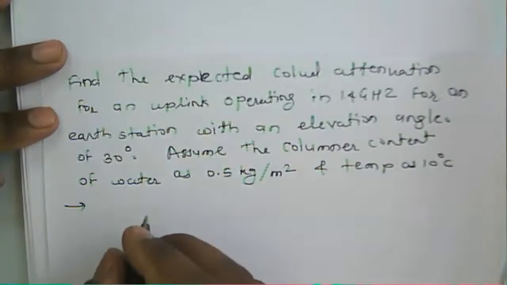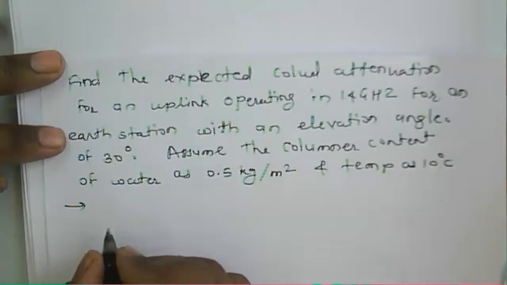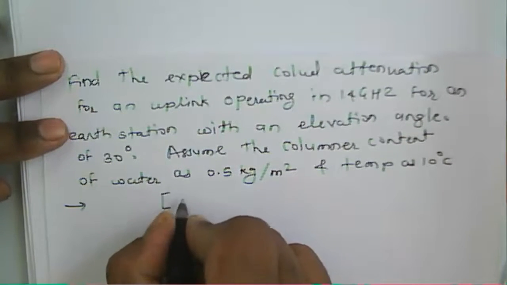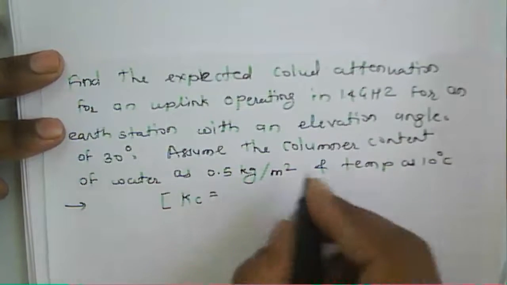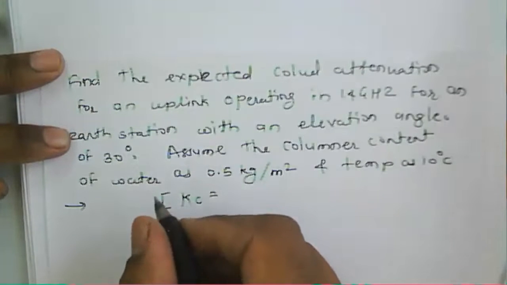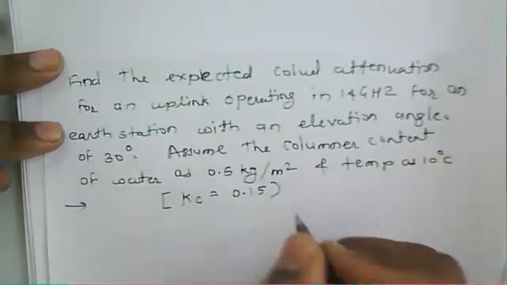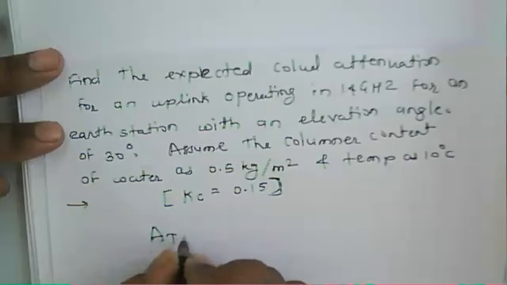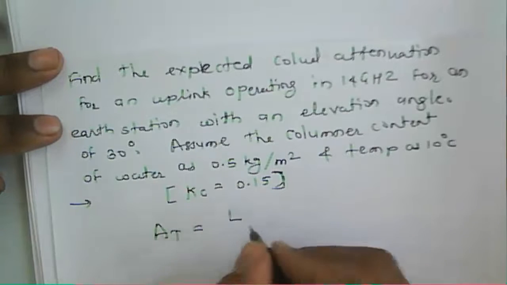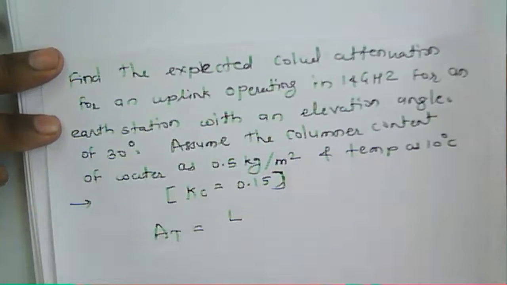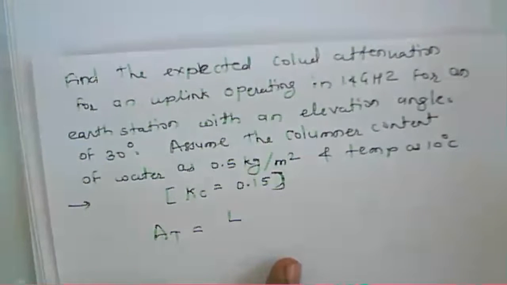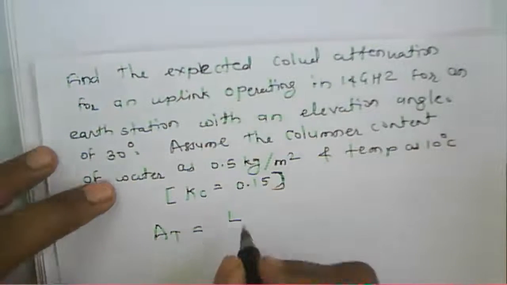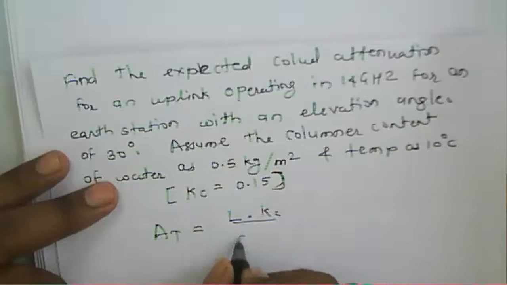Now our aim is to find the cloud attenuation. So here a specific attenuation constant is given for this 14 gigahertz frequency, and that will be 0.15. The total cloud attenuation is equal to L into Kc divided by sine of theta.